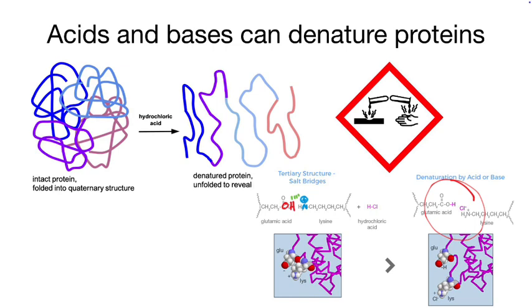Similarly, if I add a base, the base could come through and remove a hydrogen from that nitrogen, nullifying the positive charge, and I would have a negative and a zero charge. Again, the interaction changes, and as long as the interaction changes, the protein unfolds.